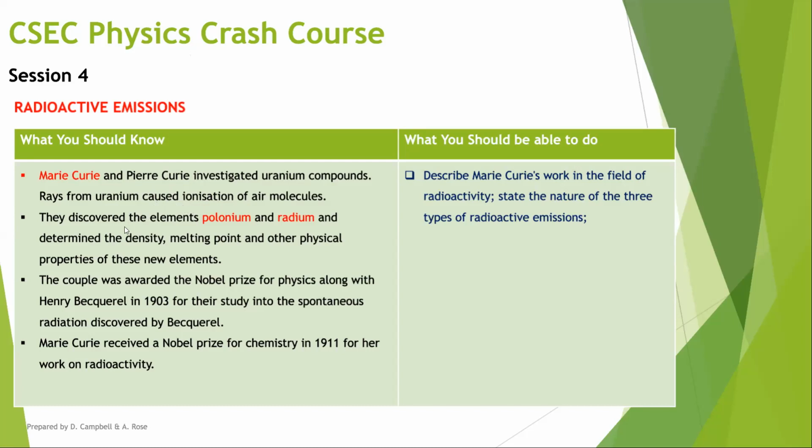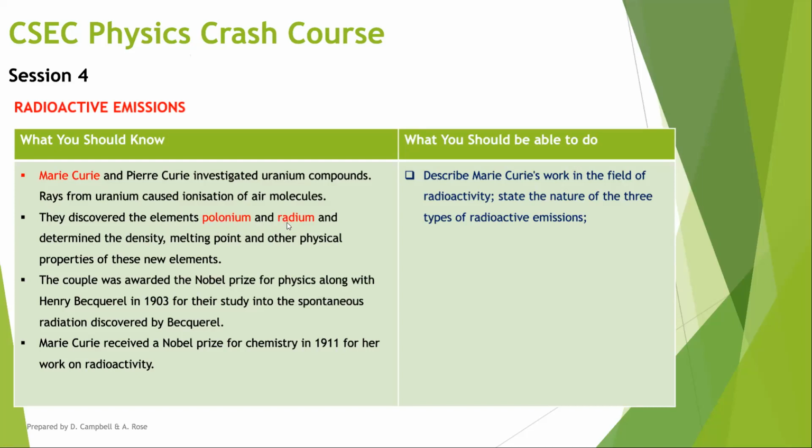However, their work is very important because they discovered 2 elements. One is polonium, named after Poland, where Marie Curie was from. The other one is radium. Both of these elements were found in ores of uranium, which has radioactive isotopes as well.